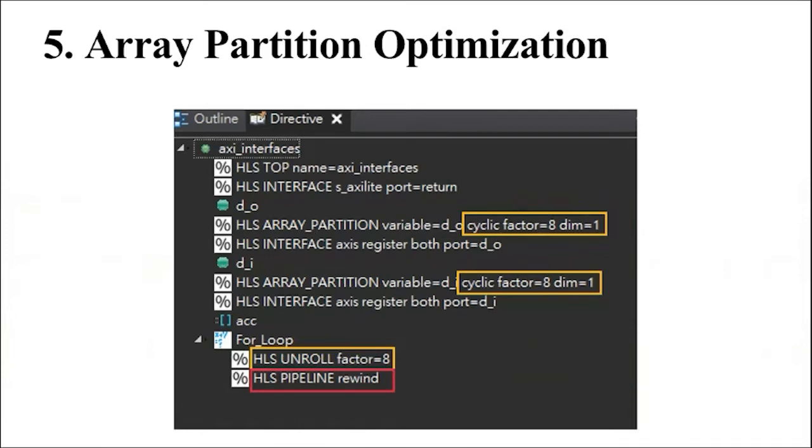Also, because each column is independent, we can unroll the loop as well, and we also do pipeline on it.